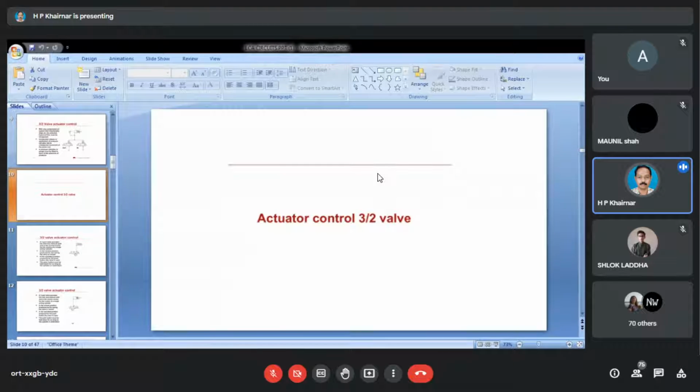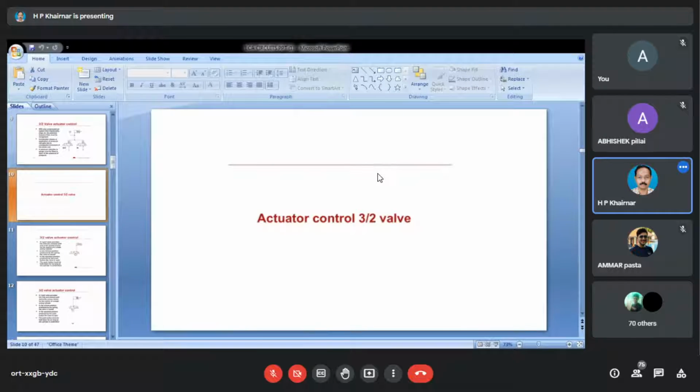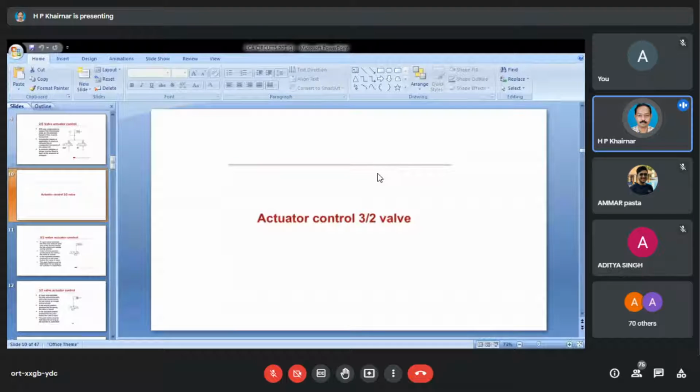Ayush is there. Abhishek. Sir, Abhishek Thakkar present. Yeah, Abhishek Pillai. Yes, sir. Is Ayush there or not? Adesh, Aditi, Aditya Singh, Amar, present, sir. Aniket, Anjali, present, sir. Anushka, present, sir. Arnav, Arya, Ashutosh, Atharva, Atushi, present, sir.